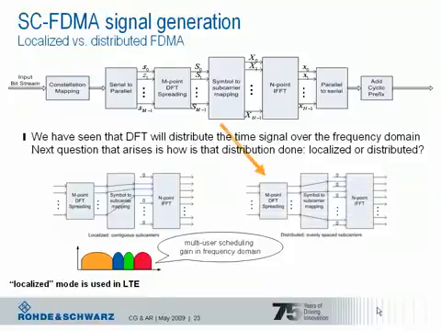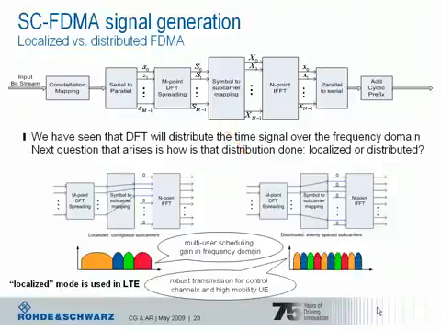The other mode is distributed subcarrier mapping. In that case, single carrier FDMA is referred to as interleaved FDMA. In this mode, the modulation symbols are equally spaced over the entire bandwidth.